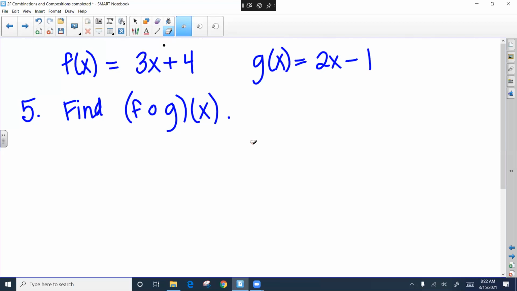And so in this case, f of g of x. Yeah, it's plugging it in. So we're taking it and we're plugging it in here. So I still have this 3. And then in parentheses, I have 2x minus 1 and then the plus 4. I think you added them together. Yeah, so we just plug this into that.